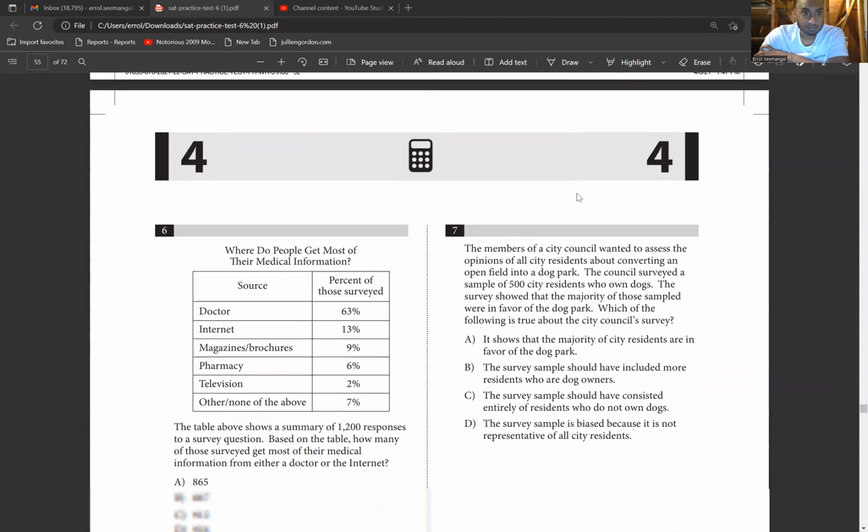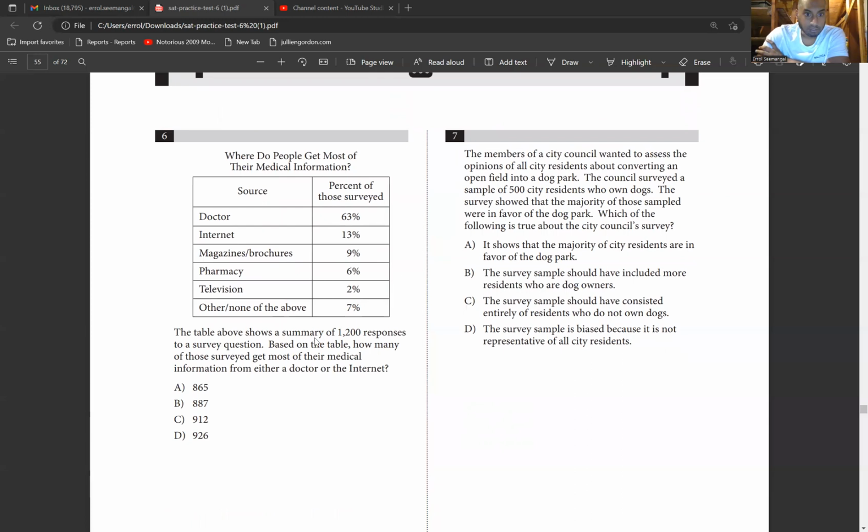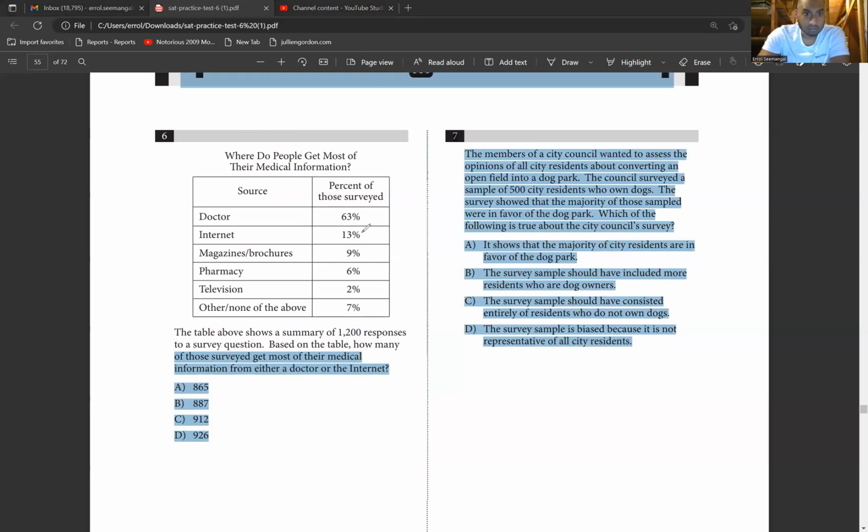That's 5. 6, they give you the chart. The table above shows a summary of 1,200 responses to a survey question. Based on the table, how many of those surveyed get most of their medical information from either a doctor or the internet? Just add those two, that's 76%.